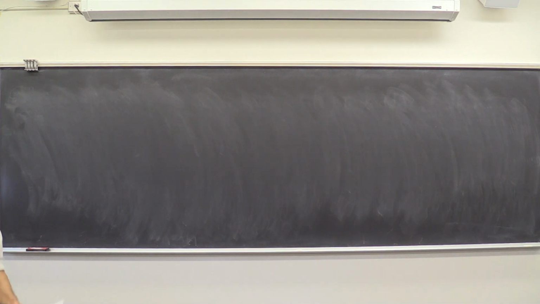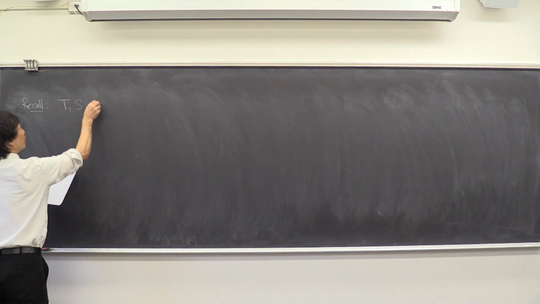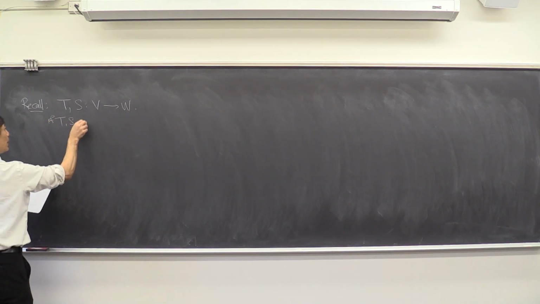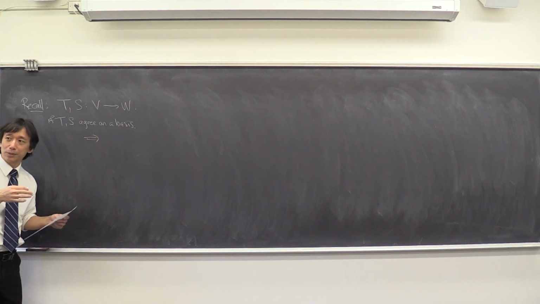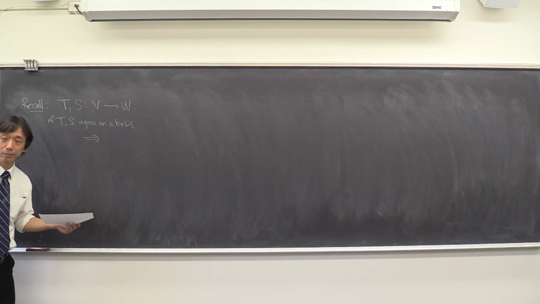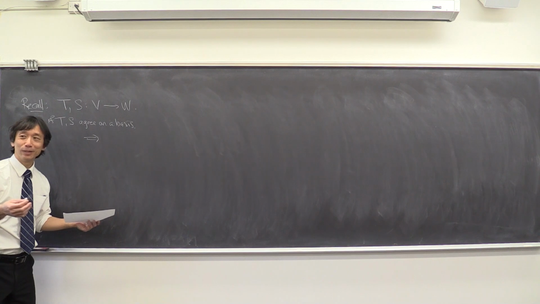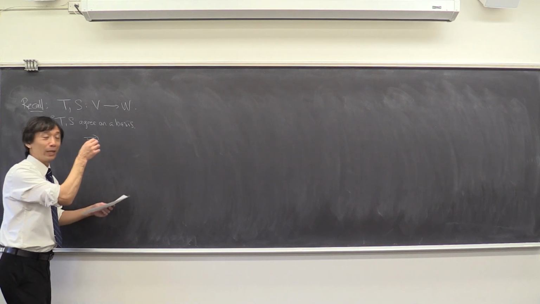Okay, so other things that I want to recall. Most important at this point: if you have 2 linear transformations from one vector space to another vector space, and they agree on a basis, then what happens? You guys did this last class. If they agree on a basis, then they agree everywhere, right?